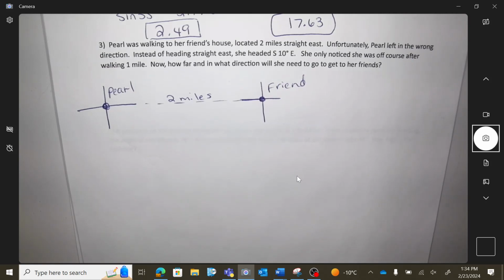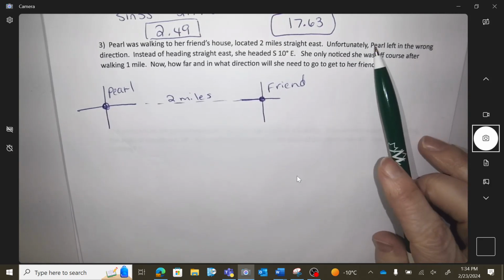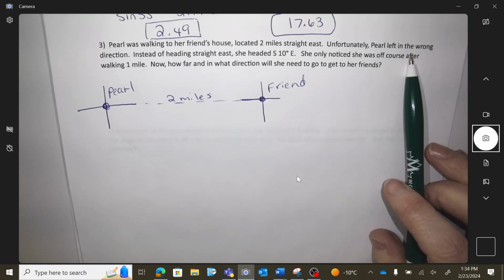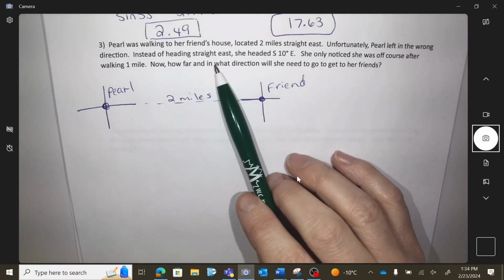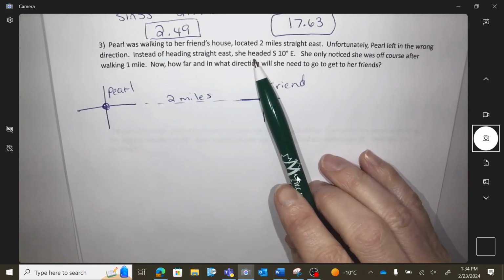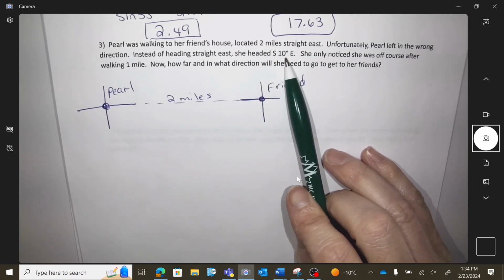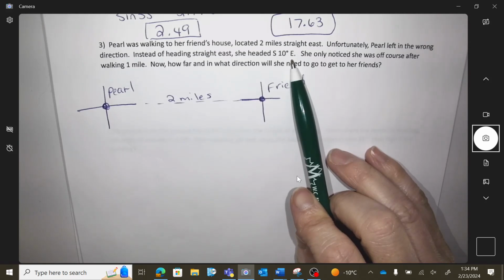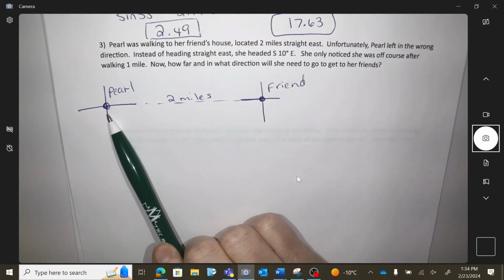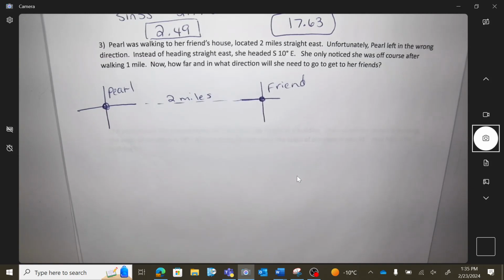Those little T's are my compasses. Unfortunately, Pearl left in the wrong direction. Instead of just going east, she took off heading south 10 degrees east. So here's Pearl. How can you draw her direction? Can you give me a line that shows me south 10 east?